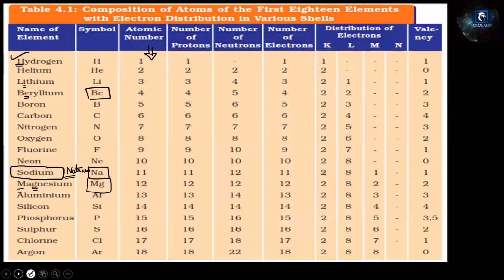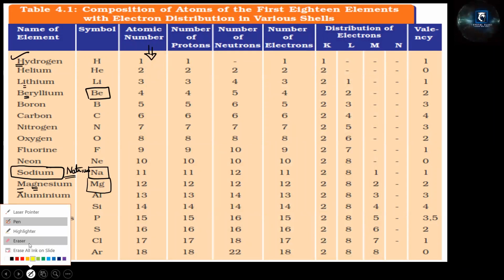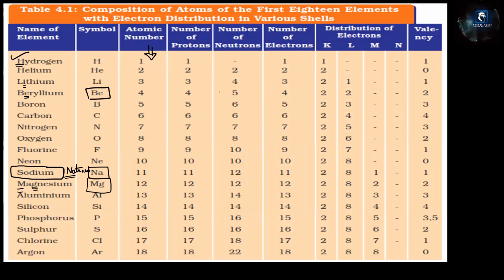So the number of protons gives you the atomic number, not the electrons. You can see the proton number and the atomic number are exactly the same. Neutrons will vary, and both together give you the atomic mass. And you can see the proton number is equal to the electron number, and that is why the elements are neutral.